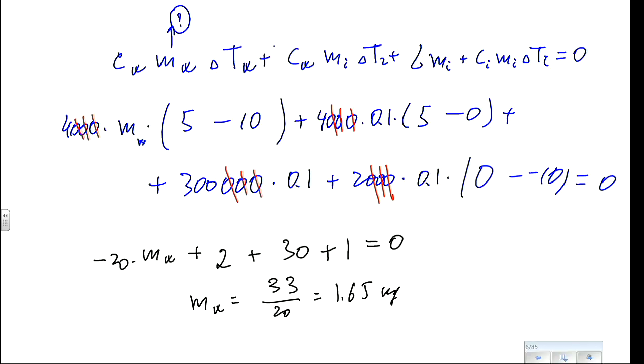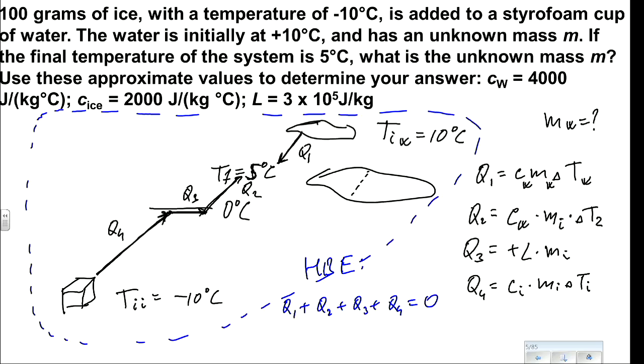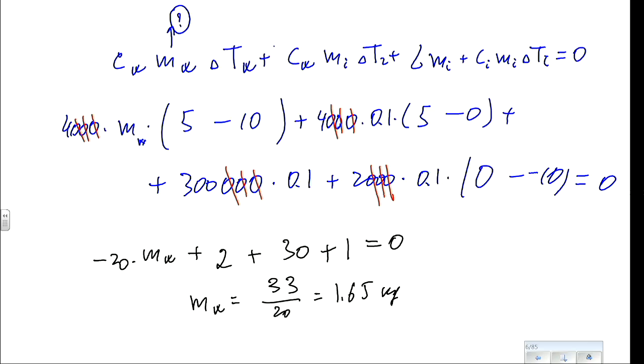Why do we need such a huge amount of water to melt just 100 grams of ice? Because of this number. 300,000 joules we need to spend to melt a kilogram of ice. It's a huge number. It's very unusual.